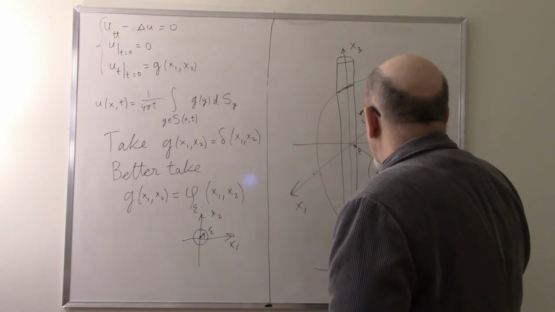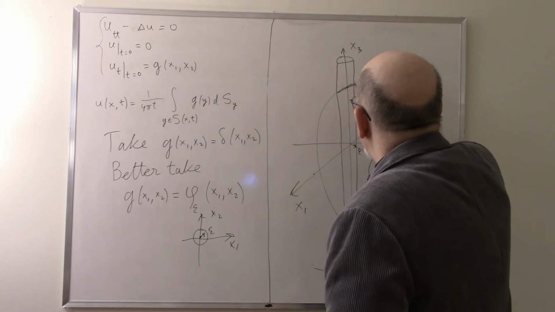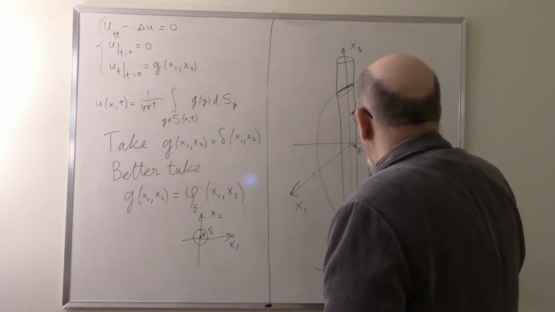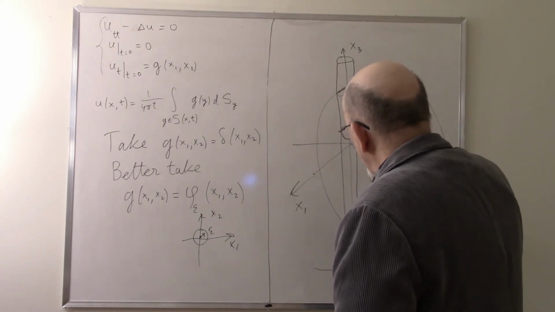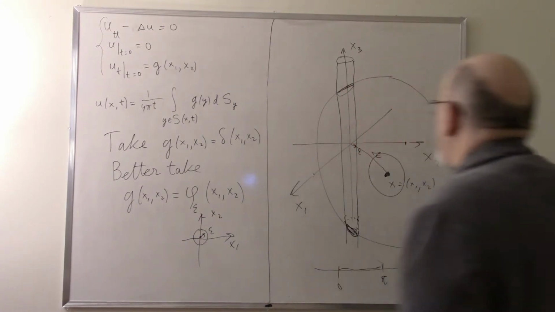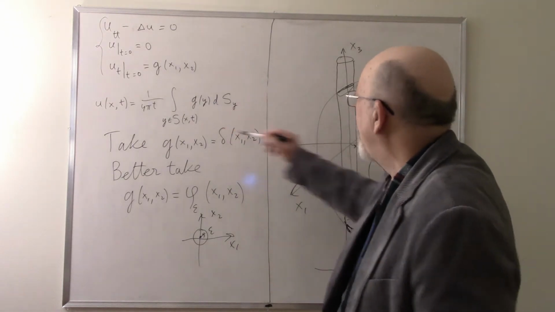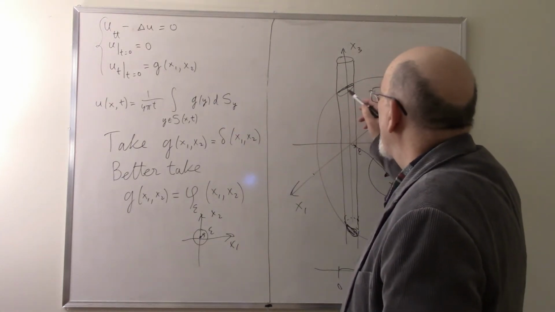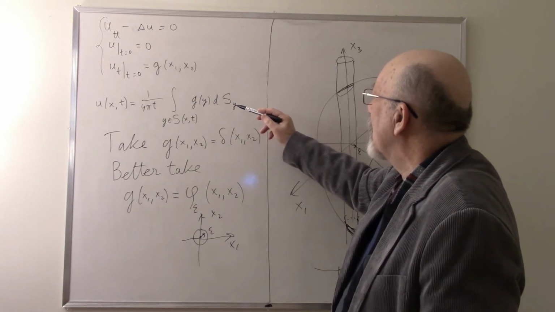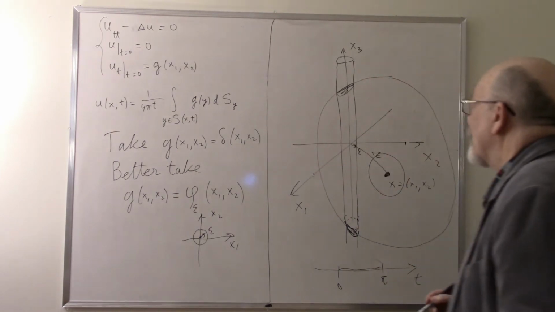cylinder. It intersects this cylinder along these two pieces. It is the upper intersection and this is the lower intersection. Yes? And we have to integrate this function on this sphere. Yes, so how to evaluate this?